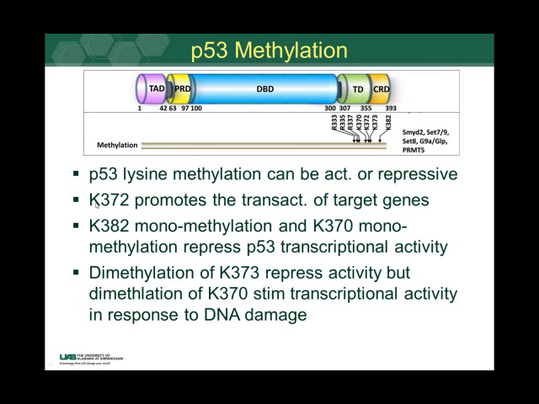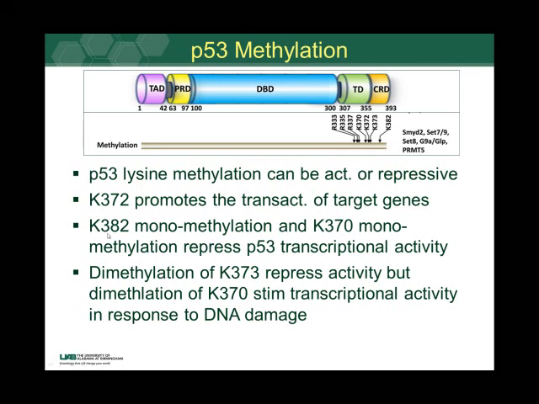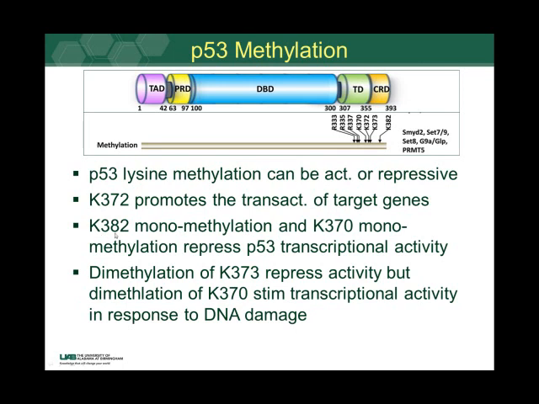For instance, methylation on residue 372 promotes transactivation of target genes. So methylation of lysine 372 turns on the activity of p53. Methylation of 382 by a single methyl group, or 370 by a single methyl group, will repress the activity of p53. It will inhibit its ability to serve as a transcription factor.